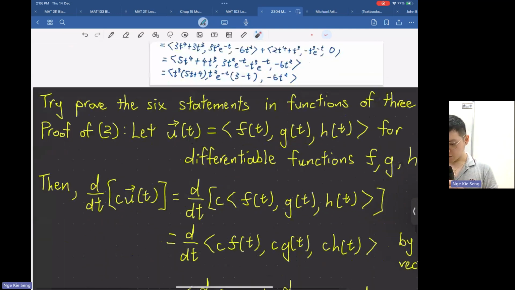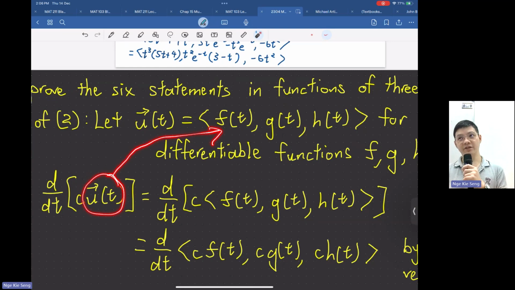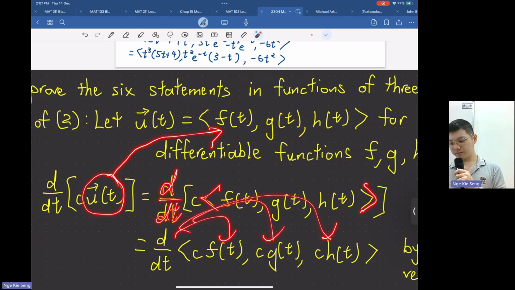So let's say we want to show how to differentiate a constant times a vector value function. You need to write down your vector value function first, in the vector form. And then you differentiate every coordinate, so you bring in the derivative.